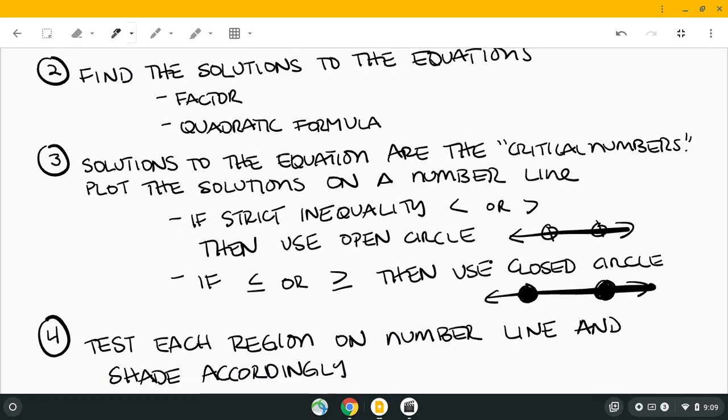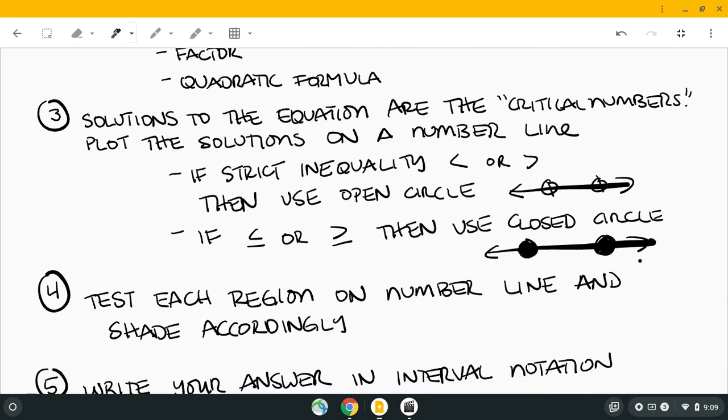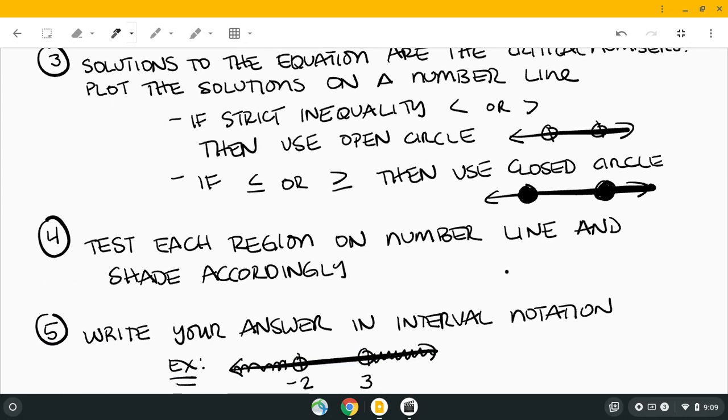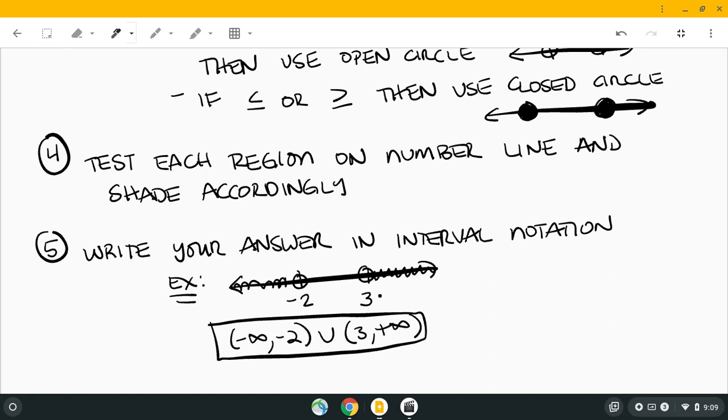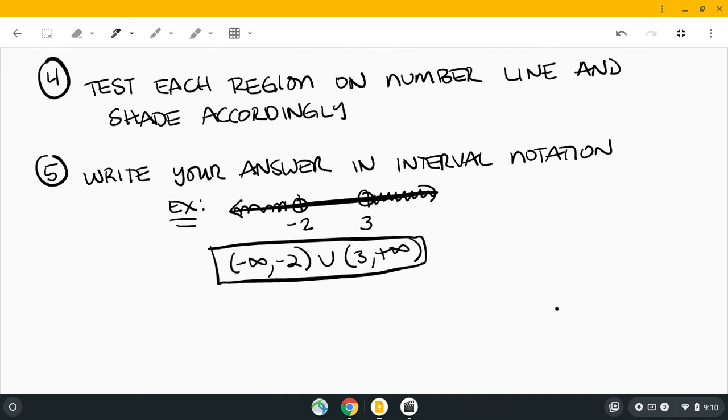If you have those two solutions, then you have 3 regions: this one, this one in the middle, and this one on the right. You have to test each of those regions on the number line and shade accordingly. And whatever answer you get, you have to write it in interval notation.